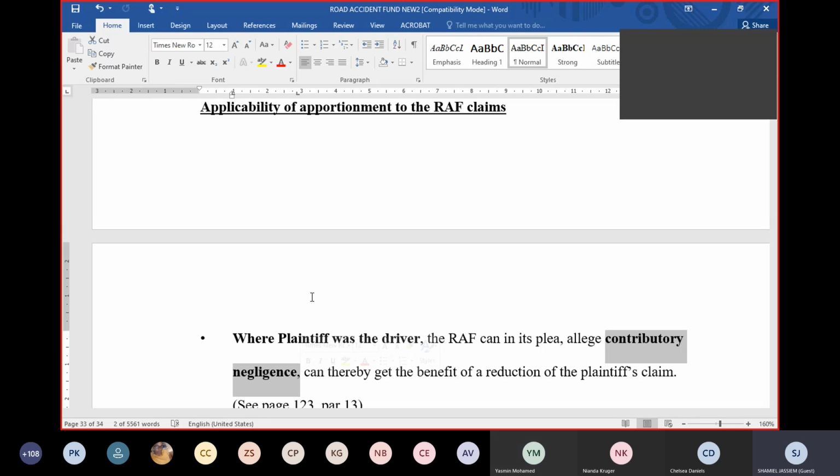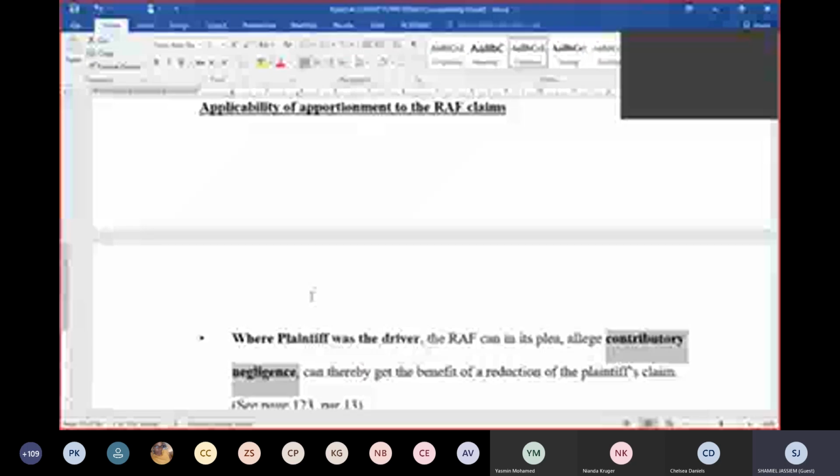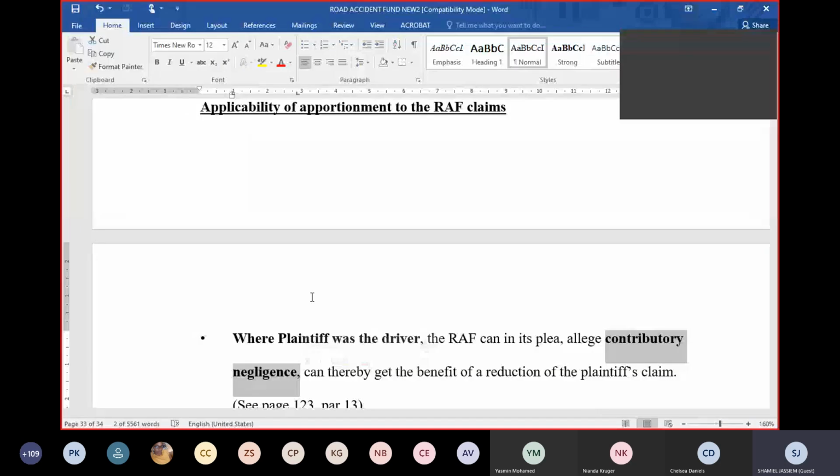In previous exam questions, as I said, not once did they ask you to draft an entire particular subclaim, nor did they ever ask students to draft an entire plea. But what they did in the past, they asked students to draft the contributory negligence part of the plea, and for a particular subclaim, they asked students to draft the citation of either the plaintiff or the defendant.